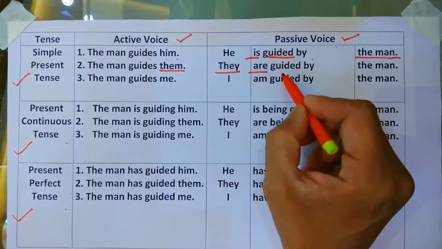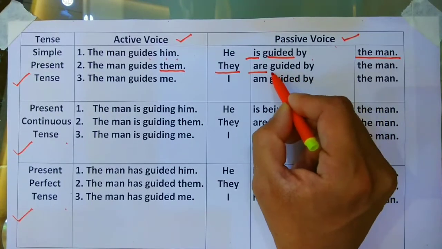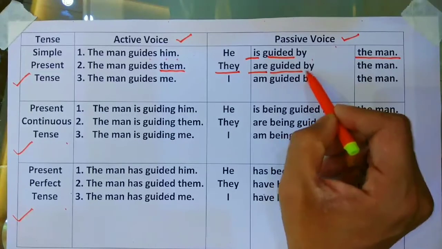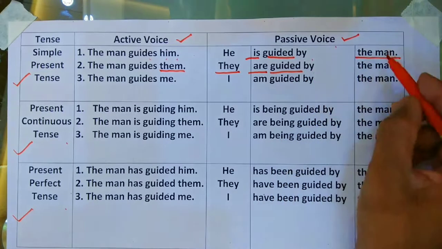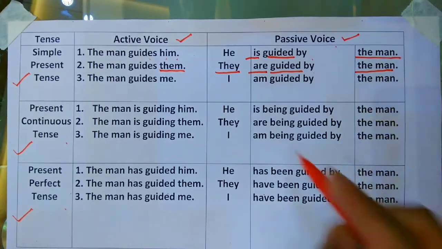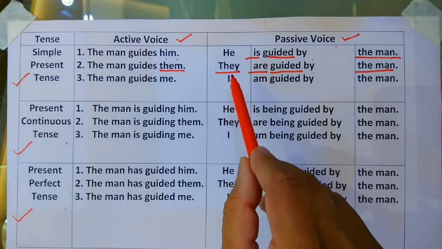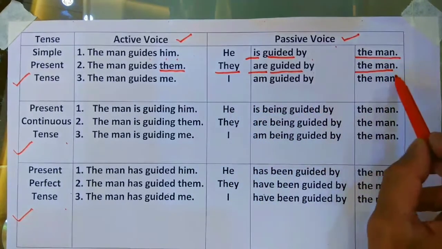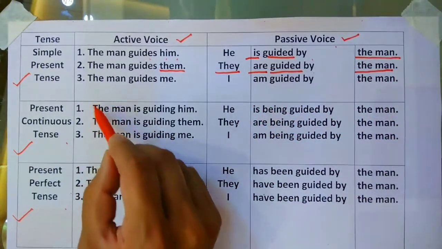In the same way, we have written the past participle form of the verb guide, guided here, then preposition by, and the subject the man. So the passive voice is in this way, they are guided by the man.